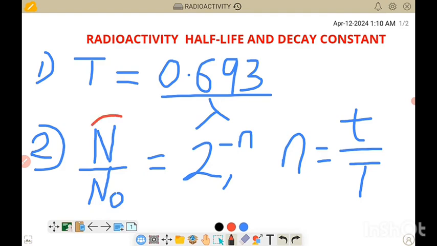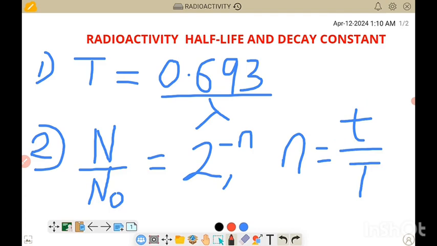While ordinary capital letter n represents the value remaining after the decay has occurred for some time, and the entire n over n naught, we call it the fraction remaining after some time. And here we have small letter n that represents the number of half-lives, and small letter t, which represents the time taken by decay to occur, the decay time or disintegration time.